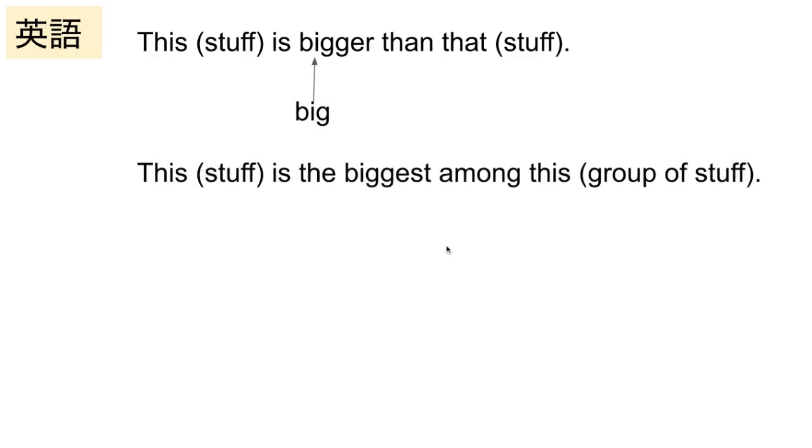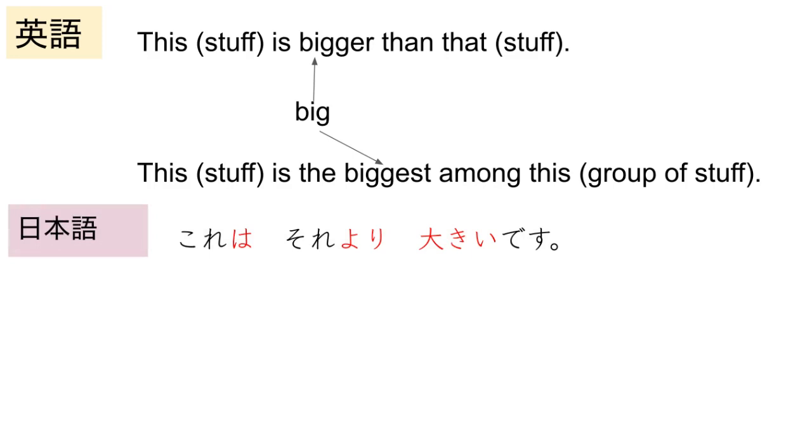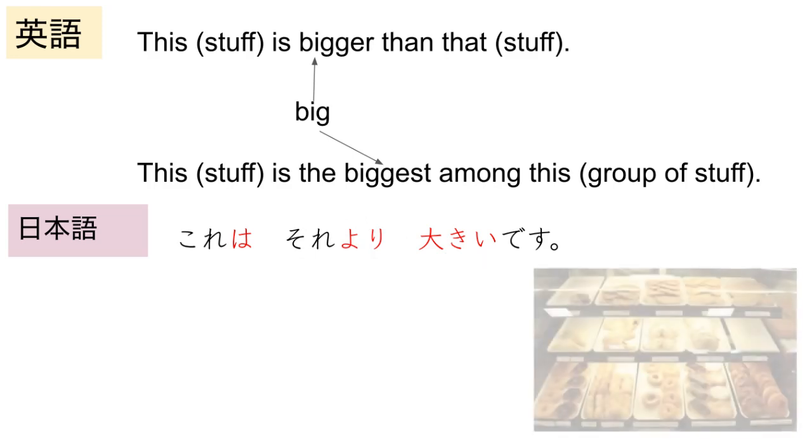In Nihongo, and then the third, among so many different group of stuffs, then you go biggest. Remember, big, bigger, biggest. However, 日本語、これはそれより大きいです。So this thing is bigger than that thing. Notice 大きい is not changing.